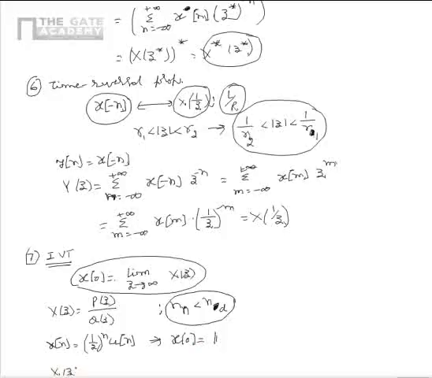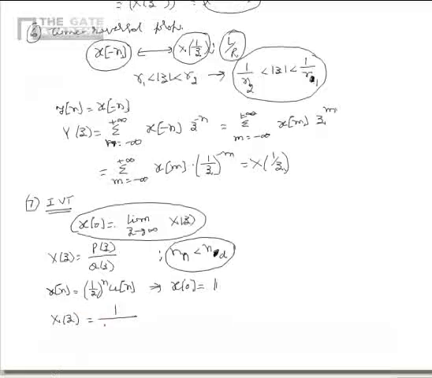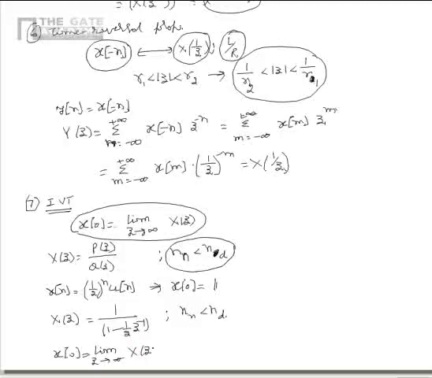Also by using the z transform of the same, x of z is equal to 1 by 1 minus half z inverse. Here the order of the numerator polynomial is less than the denominator polynomial. So the initial value theorem can be applied. So from this x of 0 is equal to limit z tends to infinity x of z. So this is equal to 1.